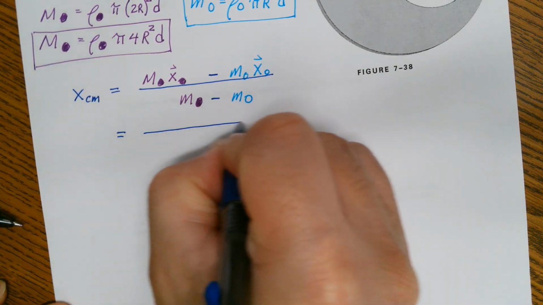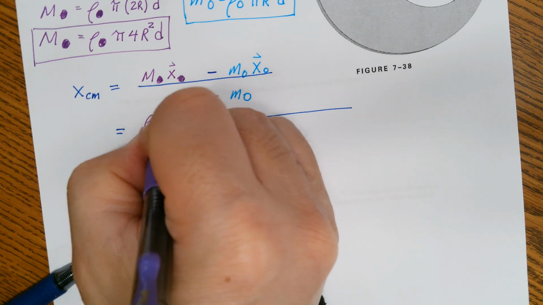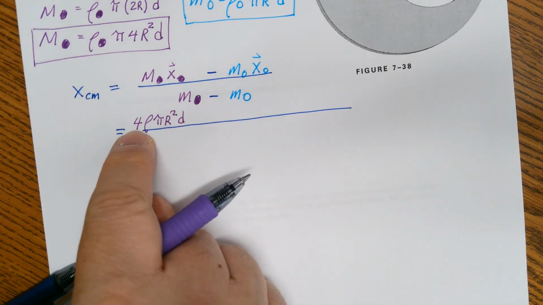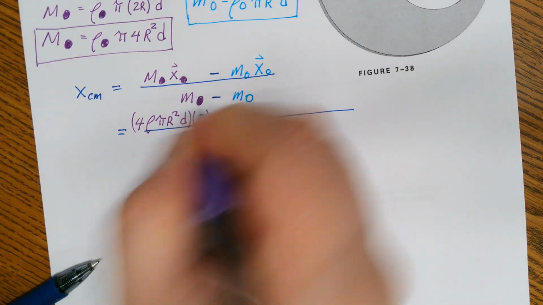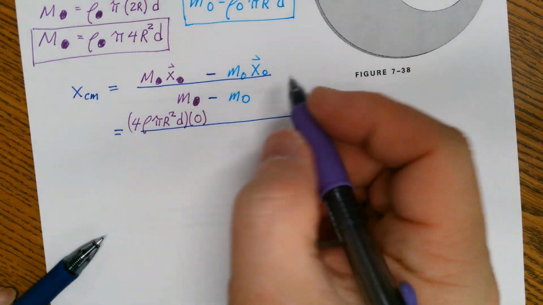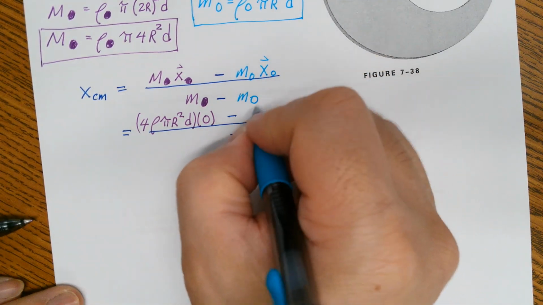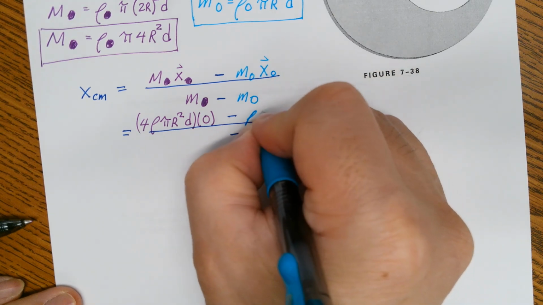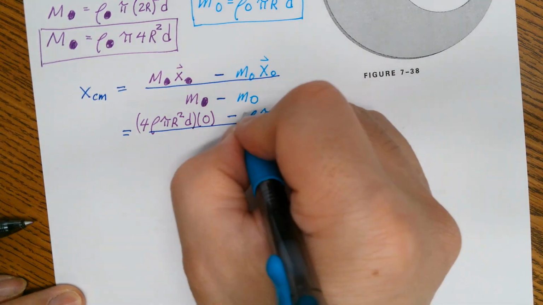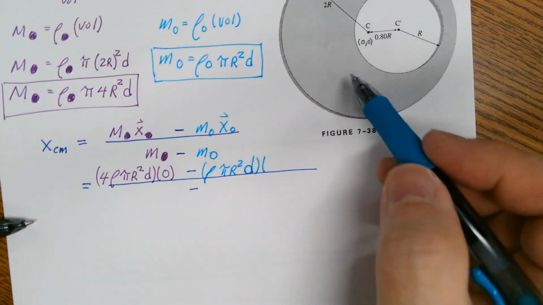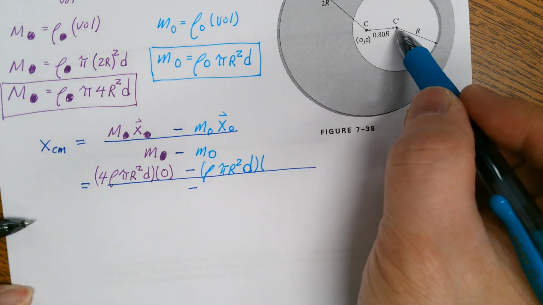So here, the mass of the solid is rho pi r squared d times 4, times the x sub cm for the solid, which is 0, minus the mass of the hole, which is rho pi r squared d, times the x sub cm of the hole, which is 0.8r away from our origin to the right of it.